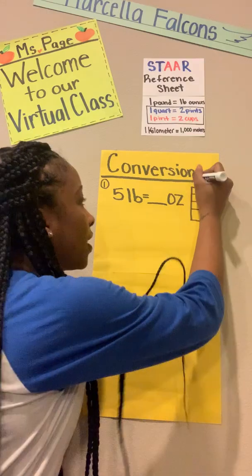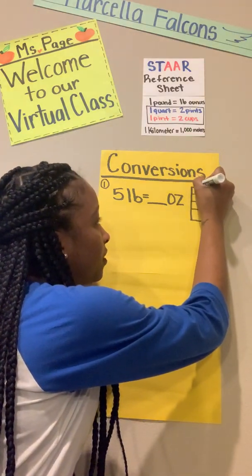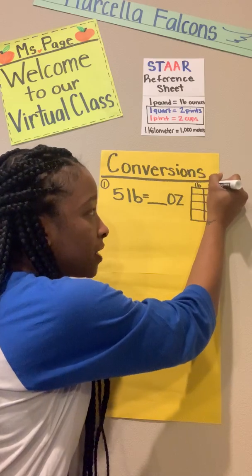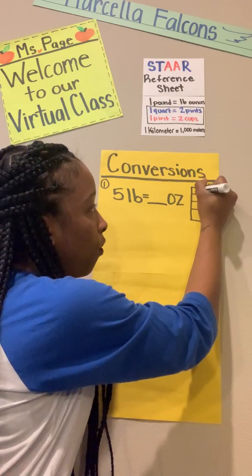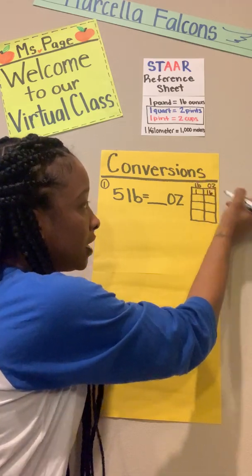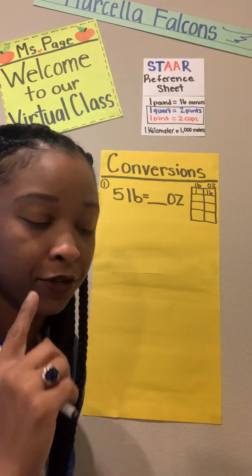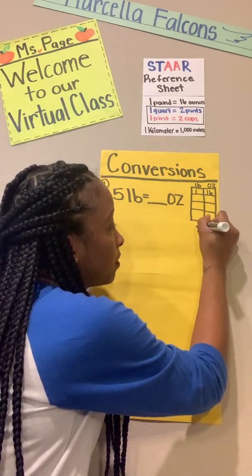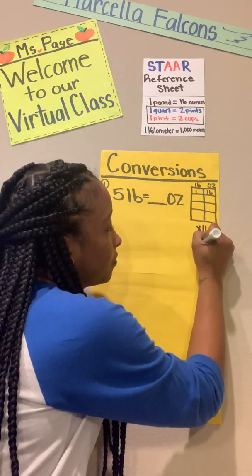So I'm going to fill that in on my chart, keeping the same symbols on the same side. 1 pound, 16 ounces. So already I know what my rule is. I'm either going to divide by 16 or I'm going to multiply by 16.